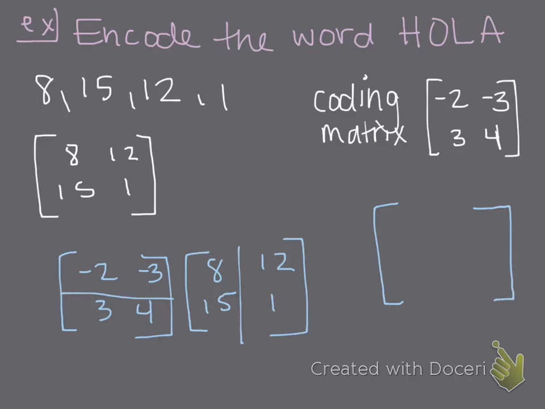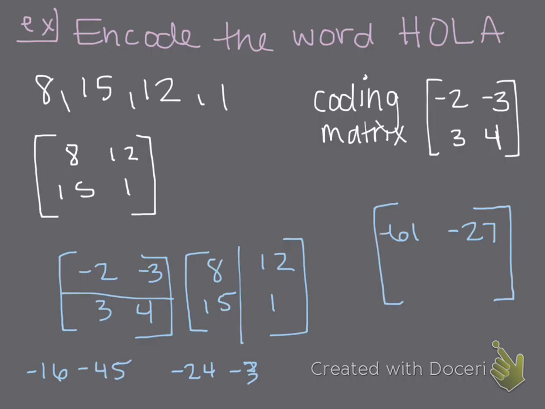Here I have -2 times 8, which is -16, minus 45, which is -61. Then my next row by column, -2 times 12 is -24, plus -3 times 1, which is -27. That should be -51, sorry.